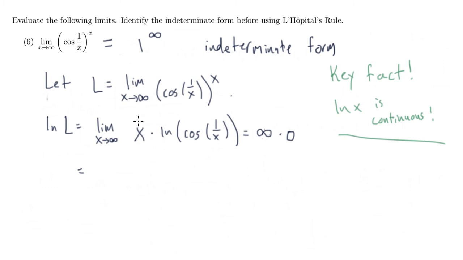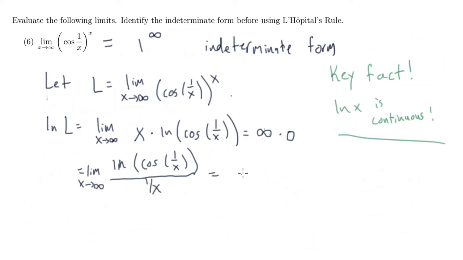But we know how to deal with this. When you have an x in a 0 times infinity, you just want to rewrite it as whatever the other function is, so log cosine 1 over x, and then rewrite x as 1 over 1 over x.